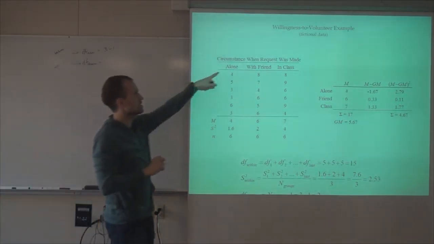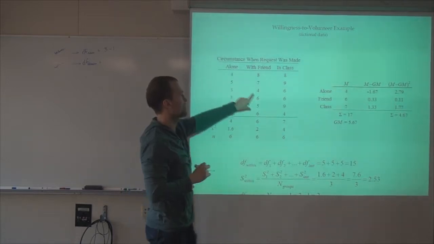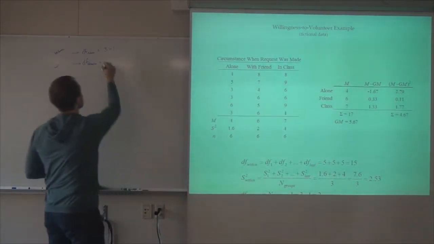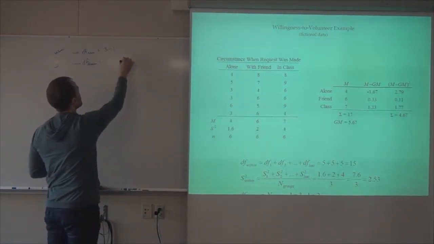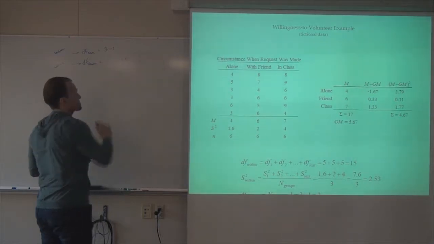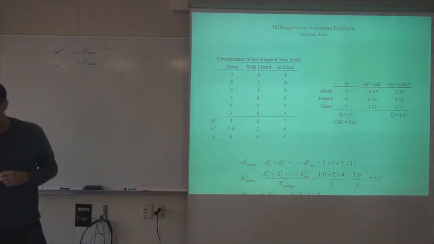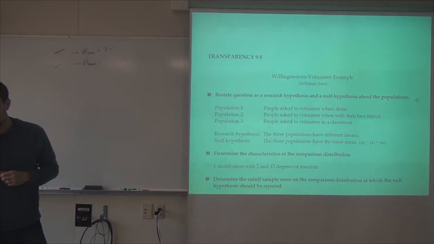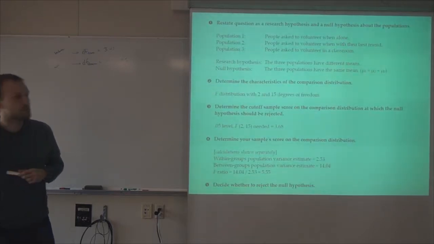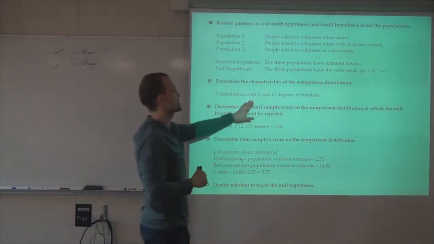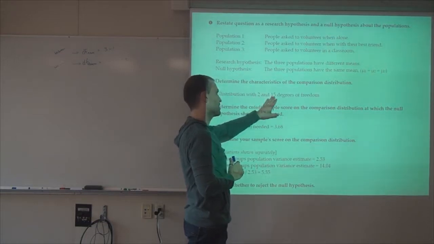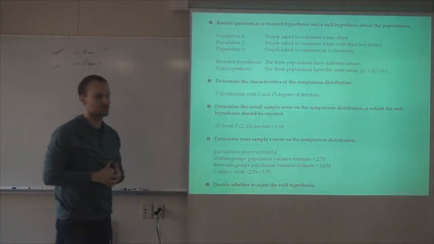That will be 6 minus 1 is 5, 5, 5. So 5 plus 5 plus 5. So I have the F distribution as my comparison distribution, degrees of freedom 2 and 15.